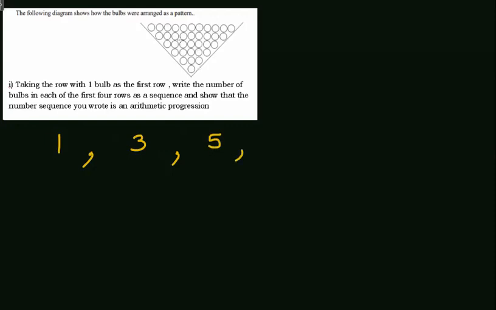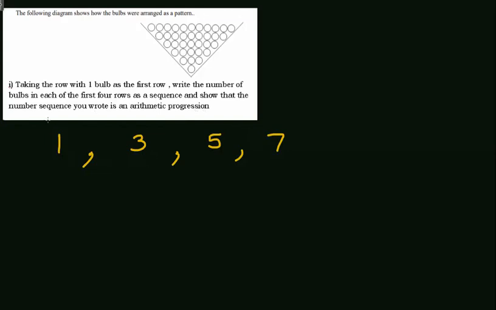And the next row, do a count: 1, 2, 3, 4, 5, 6, 7. All right, so we wrote the number of bulbs in each of the first 4 rows as a sequence: 1, 3, 5, 7.